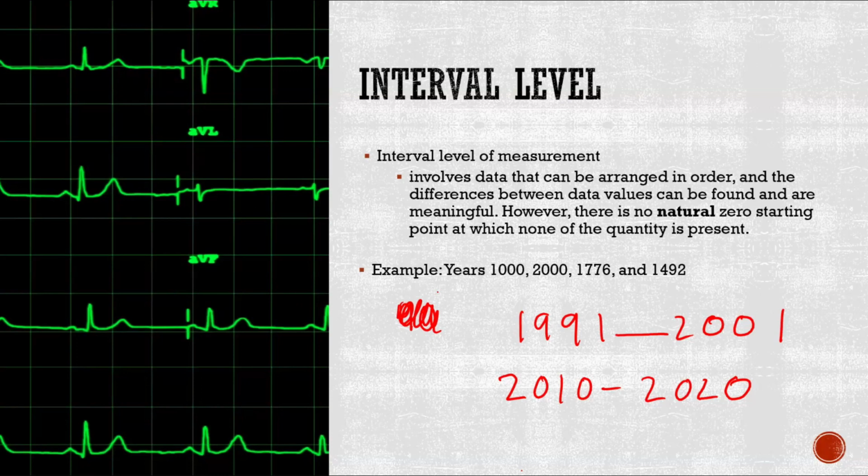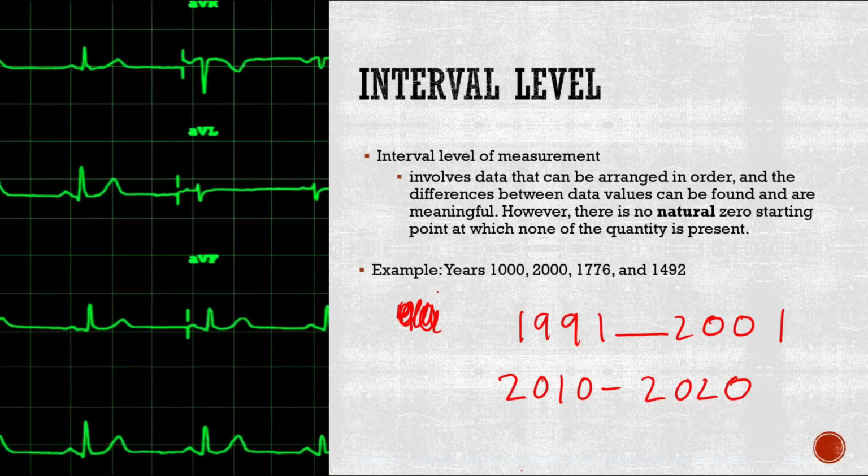With any dating system, you can choose any year 0. Or if you're choosing longitude, 0 degrees longitude, they decided that should go through London. But they could have just as easily chosen it to go through Chicago or Phoenix.